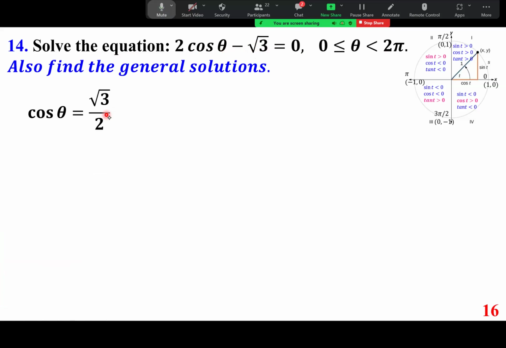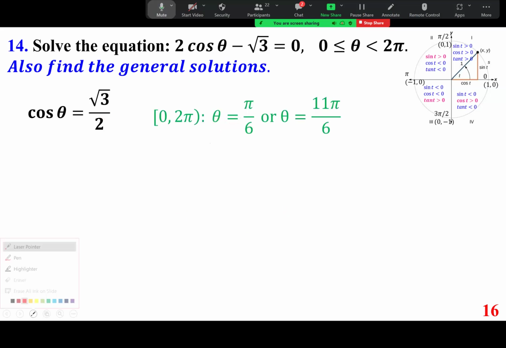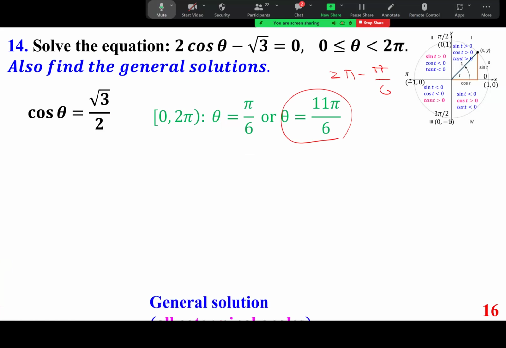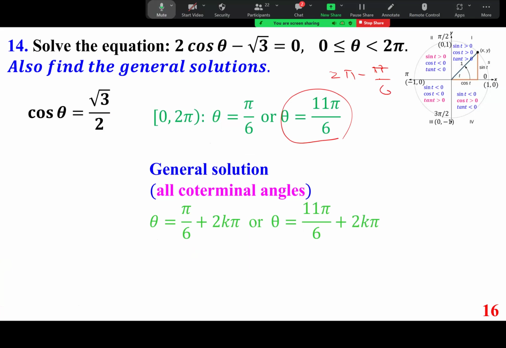Cosine is positive in the first quadrant and the fourth quadrant. In the fourth quadrant, 2 pi minus pi over 6. So this is clear, common arc we should know. And this one is basically 2 pi minus the reference arc pi over 6. And if you want a general solution, add 2k pi or 2n pi where k is an integer.